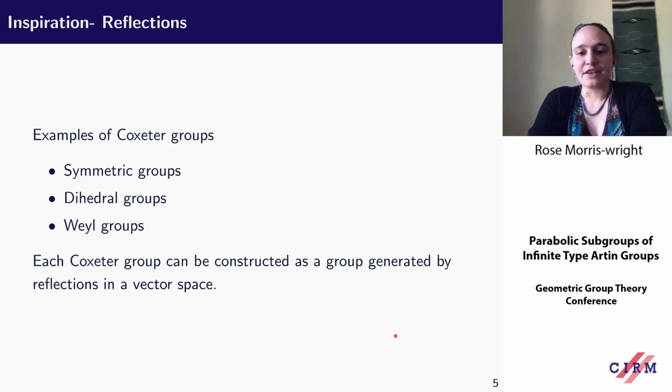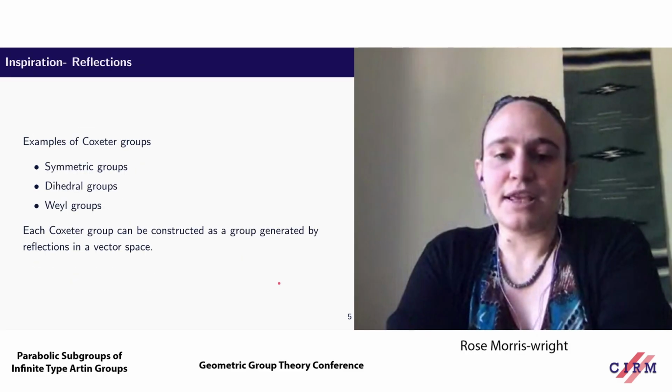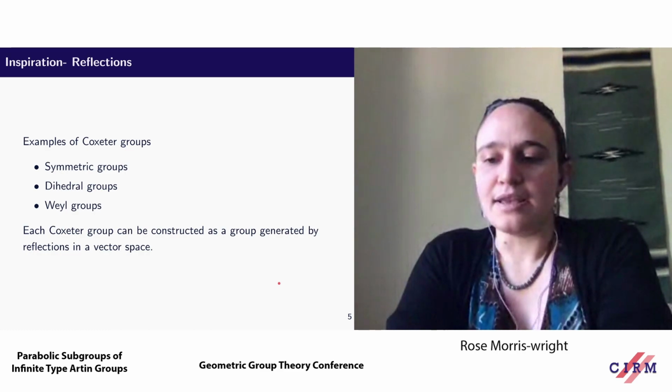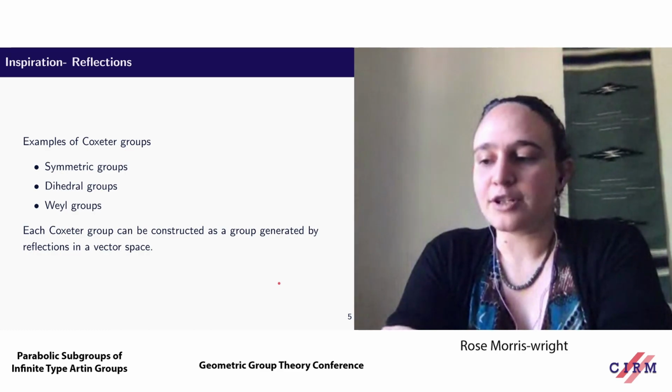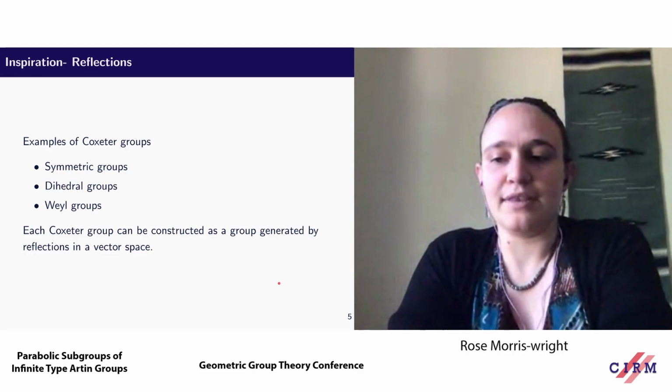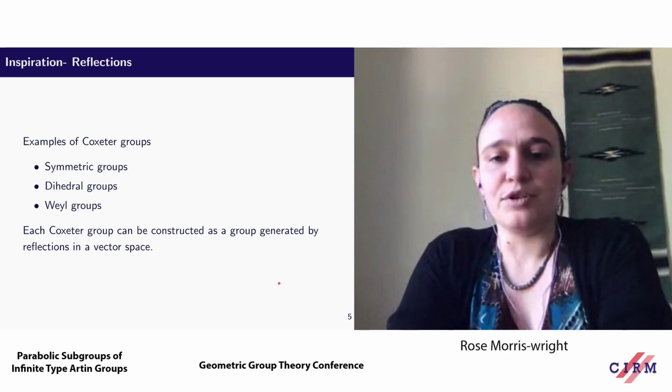That is an action by reflections. And the symmetric group is the Coxeter group that corresponds to braid groups. So the relationship between Artin groups and Coxeter groups, you can think of it as a generalization of the relationship between braid groups and symmetric groups.